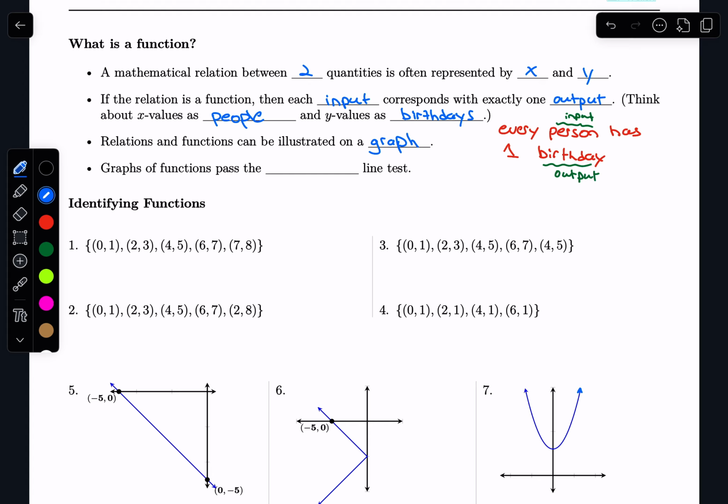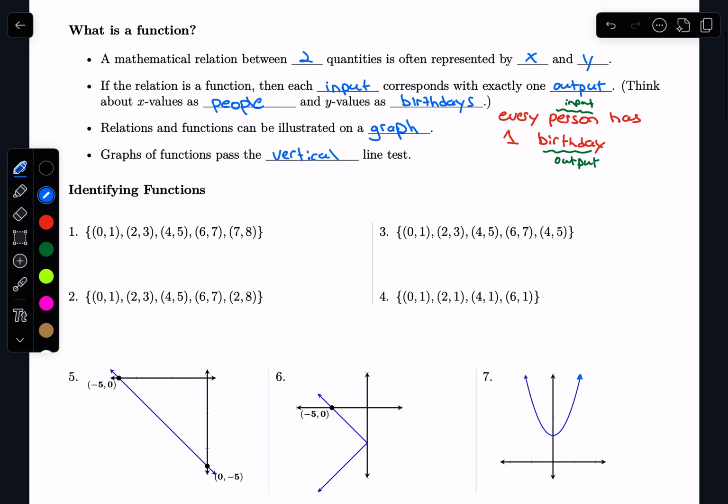So in order to test if a graph is a function, we're going to check if it passes the vertical line test. And what we're going to learn in this is that passing the vertical line test means the exact same thing as every input corresponding to exactly one output. Those are the same definition. It's just visually, all we have to do is draw a vertical line to check. All right, so first we're going to do it using a bunch of coordinates.